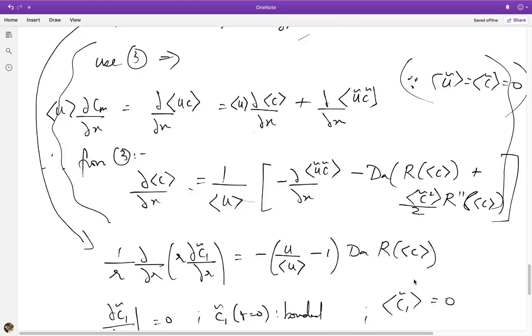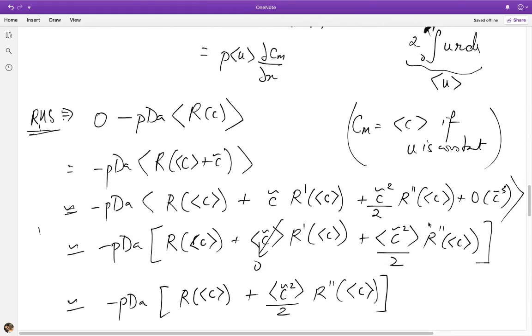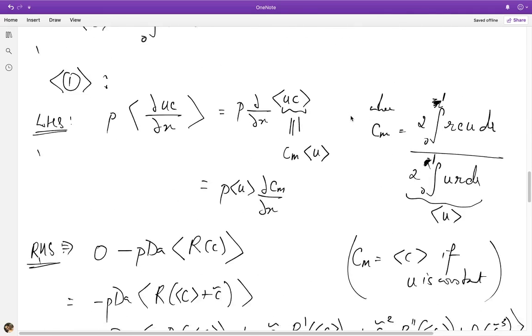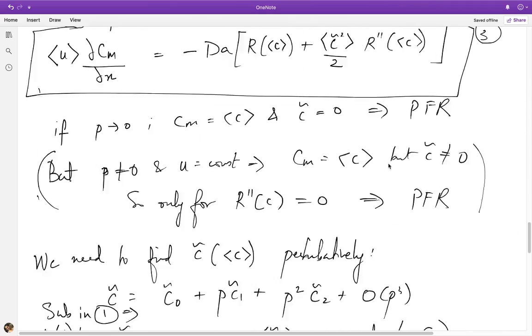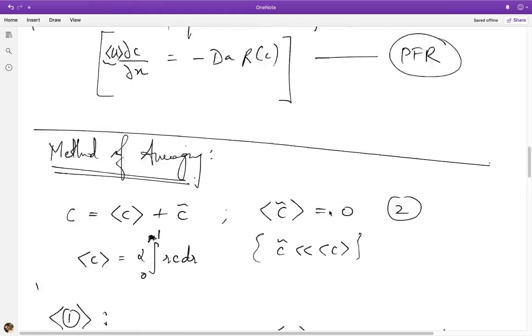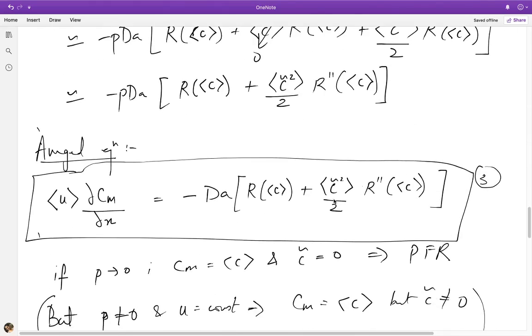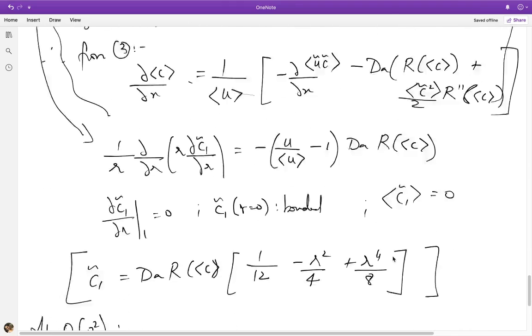This is coming from applying the Taylor series to the reaction rate term here in equation 1, right? So you do get R prime times C tilde, whereas that term was lost when you applied the Taylor series while taking the average of the equation, because the average of C tilde was 0. So you didn't have it here, but you will obtain it here.